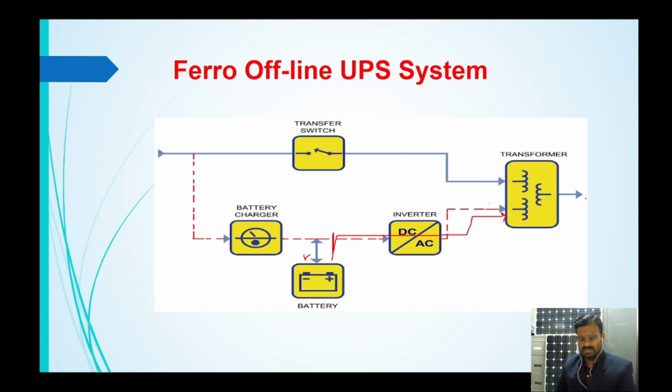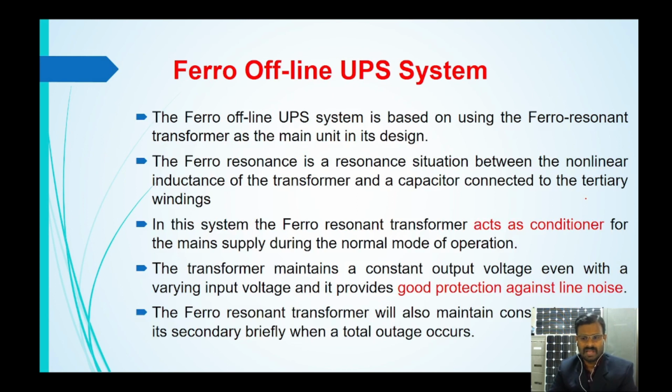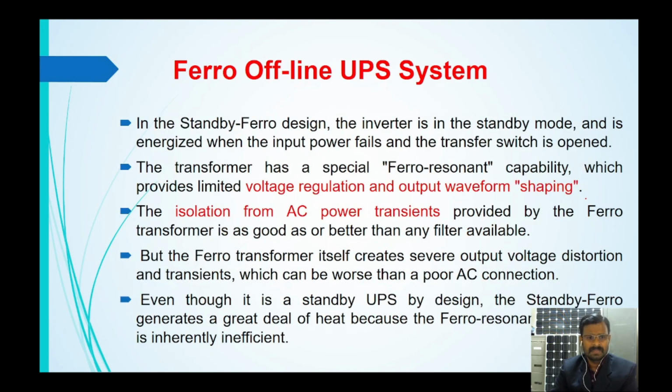This type of UPS has good performance against line noises. These transformers act as a conditioner, and also maintain constant output to a certain extent. The voltage regulation and output waveform shaping is also done. Isolation from AC power transients provided by this ferro transformer is better than any other filter.